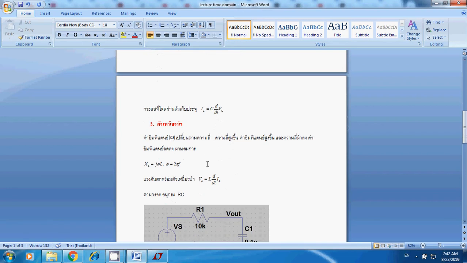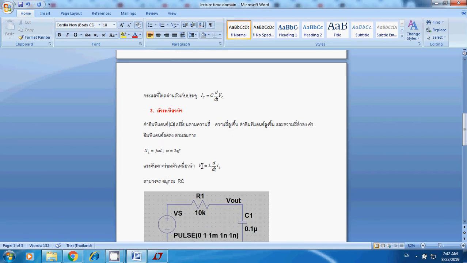Now for the inductors, the voltage drop across the inductor is V equal to L dIL by dt, right? So whenever the current flowing through the inductor varies with time, that will create the voltage drop across the inductor. That's the basic knowledge that you already know.